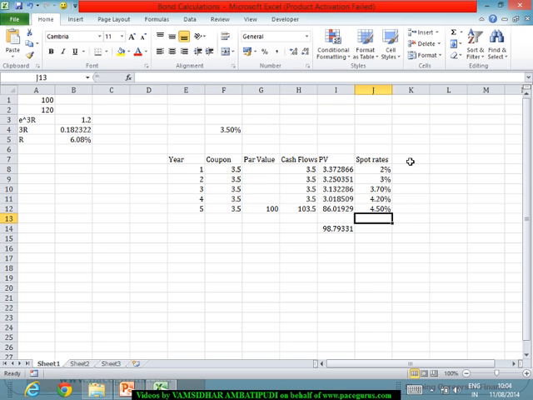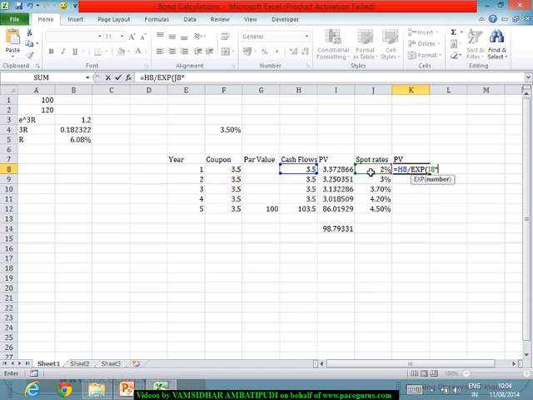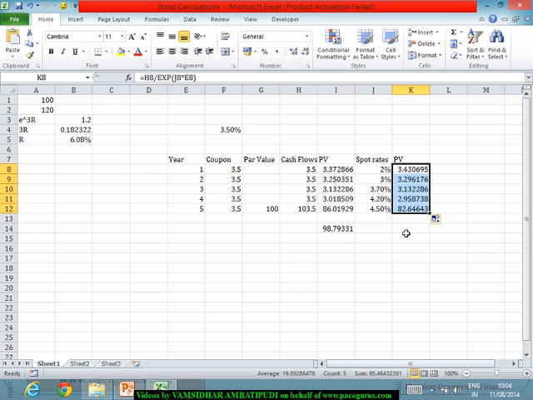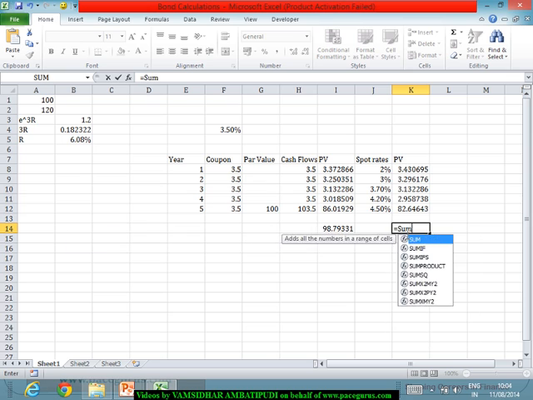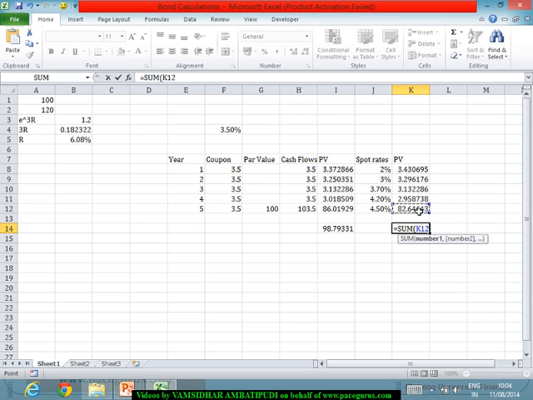If I am discounting using these rates, each cash flow is discounted by its own rate multiplied by its year, so I get different present values and a different summation altogether.